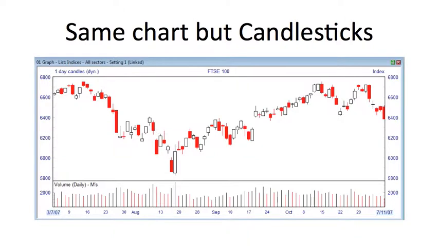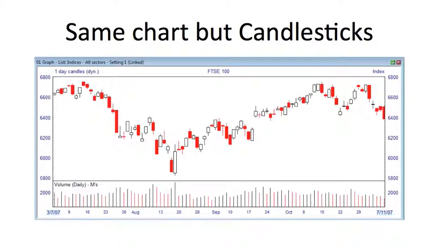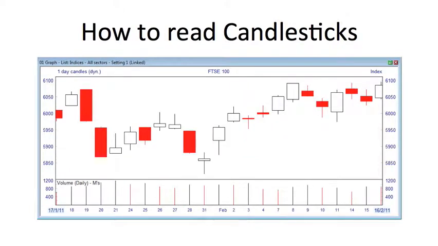So if we go back, that's the one we're used to seeing in newspapers, and that's Japanese candlesticks. And with this additional amount of information, it allows us to read more information into the chart and make better decisions.